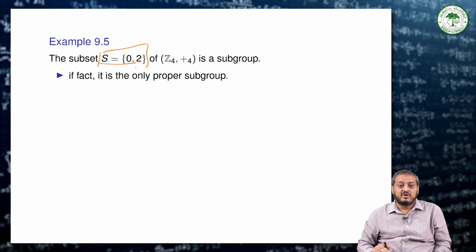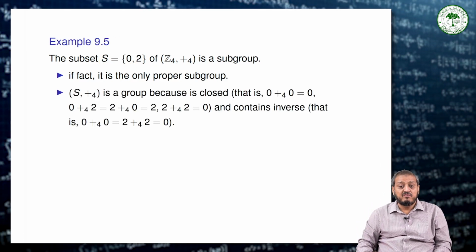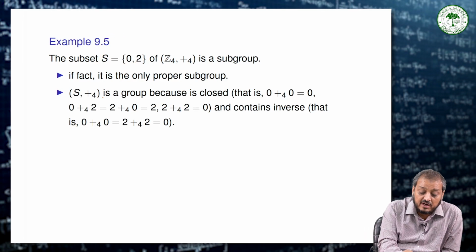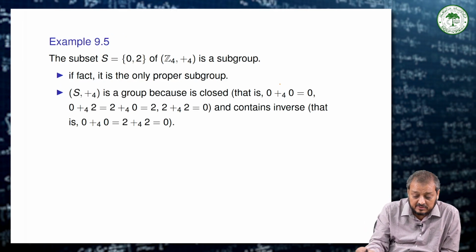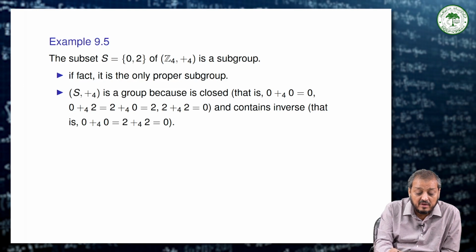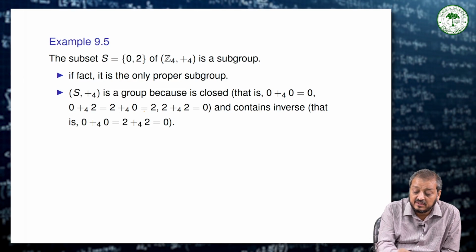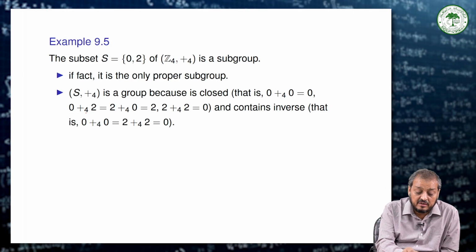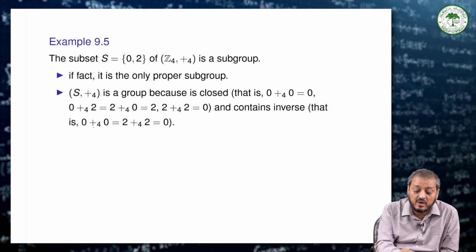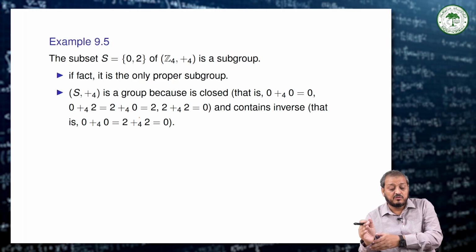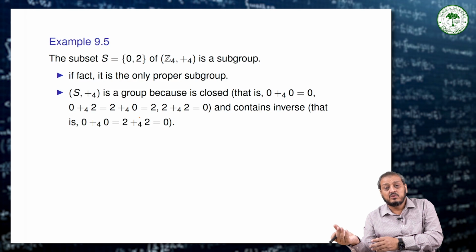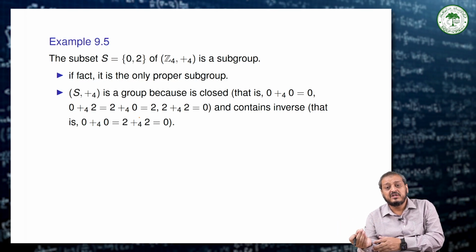Let us see: S under the operation is a group, as I already explained by the table. It is closed and contains inverses: the inverse of 0 is 0, and 2 is its own inverse.